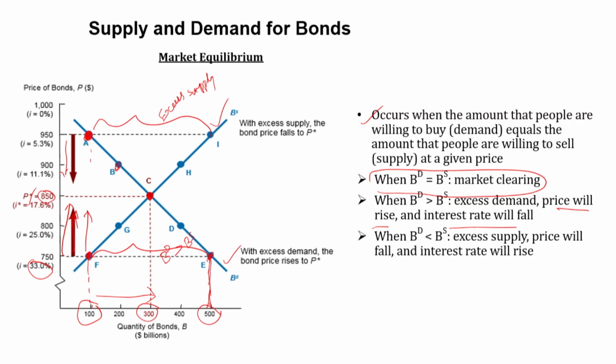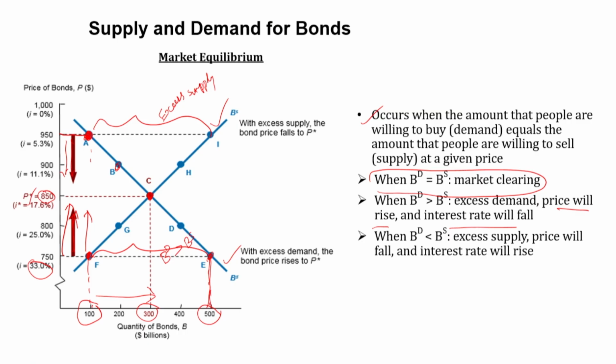At this point the bond price is very high, 950, but the rate of interest is 5.3%. The suppliers of bonds want to borrow 500 billion from the market, but the lenders want to lend only 100 billion.